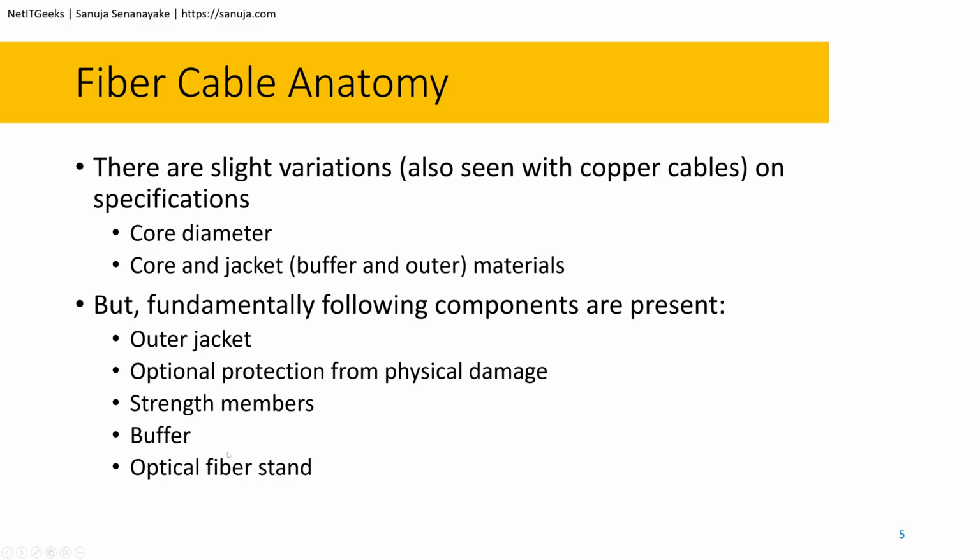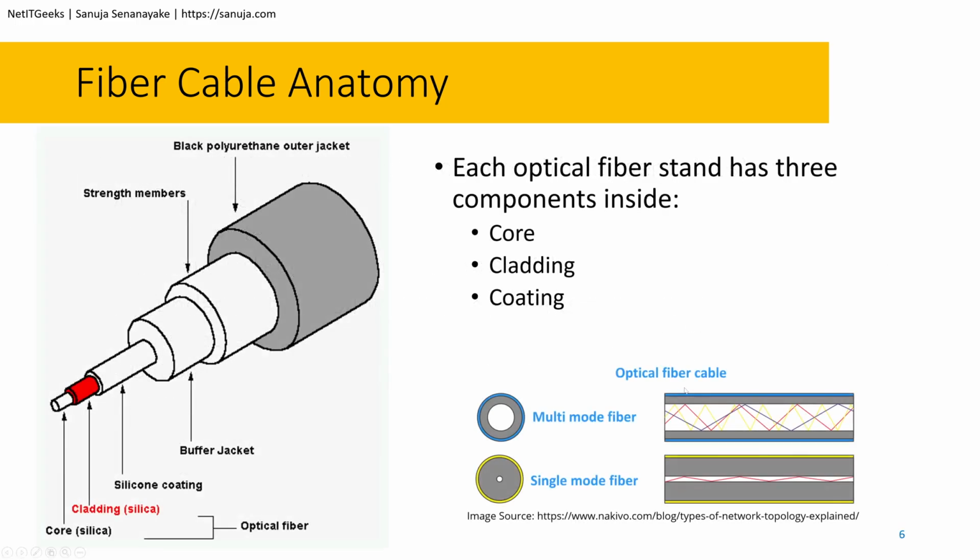And the buffer is basically a buffer around the core to protect it again from breakage and other things. And then finally the optical fiber strand, that is the core itself. So next slide I will show you a diagram of that.